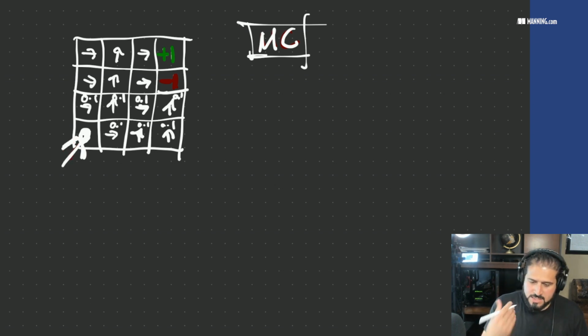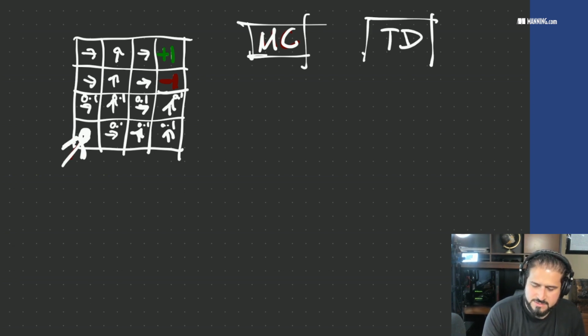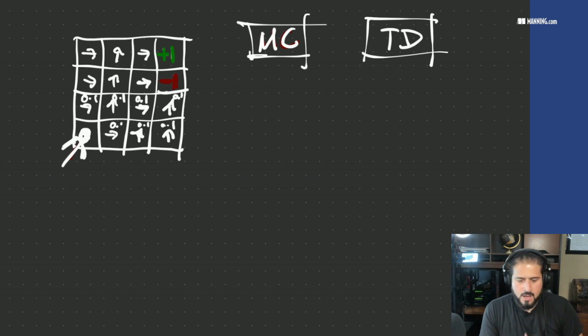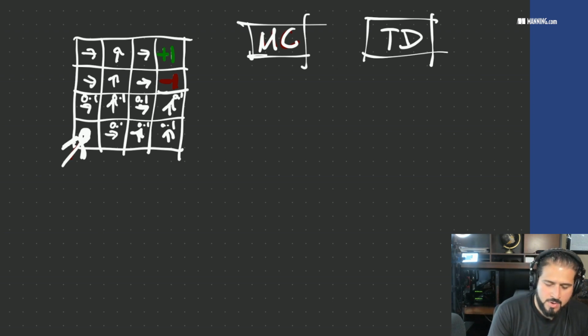We're good. The other way to do it is what is called TD, temporal difference. That was an algorithm introduced by Rich Sutton. The one thing with TD is the realization that you can experience one step and predict what's going to happen from here on.